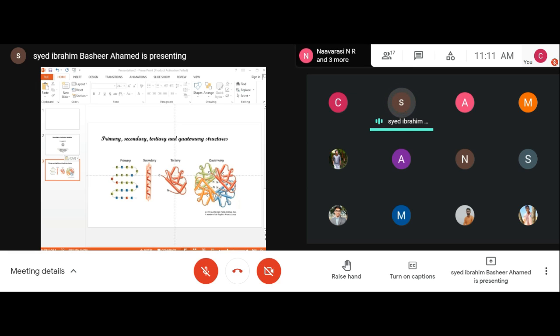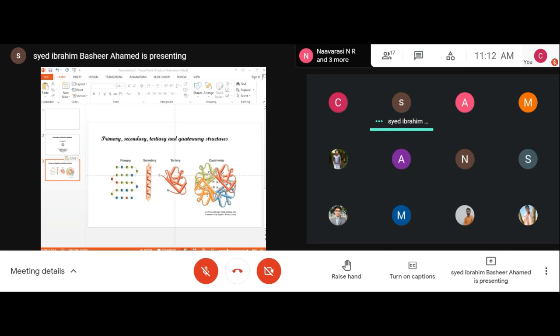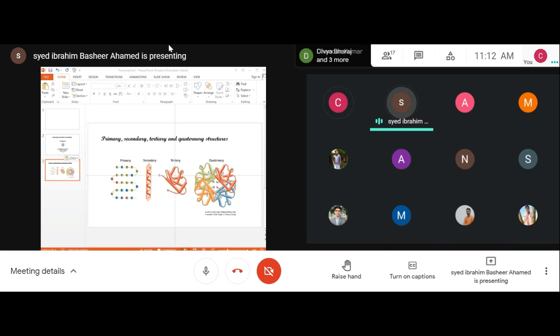Apart from that, is there any other amino acid which has a hydrophobic side chain? Methionine. So, do you think methionine has a hydrophobic side chain? How? In methionine you have sulfur, you know that? So is sulfur hydrophobic or what?